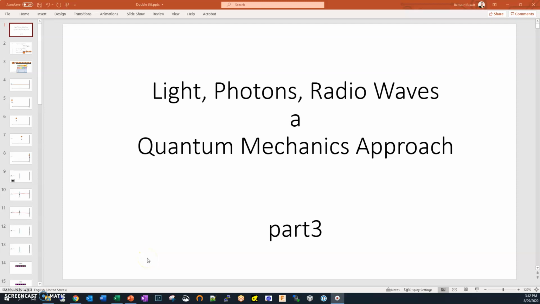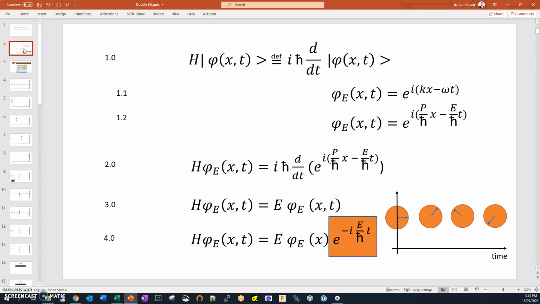This is part 3 of a series I'm doing on light, photons, radio waves, electromagnetic waves, but from a quantum mechanics approach. In the first video, I went through the math, and what I explained is if you have a photon with a known, fixed energy level, that photon will be in an energy eigenstate, and the known amount of energy depends on frequency.